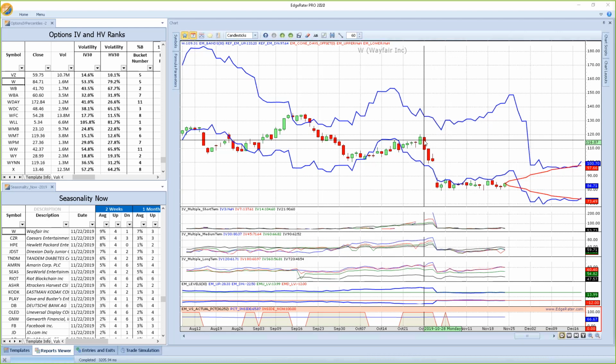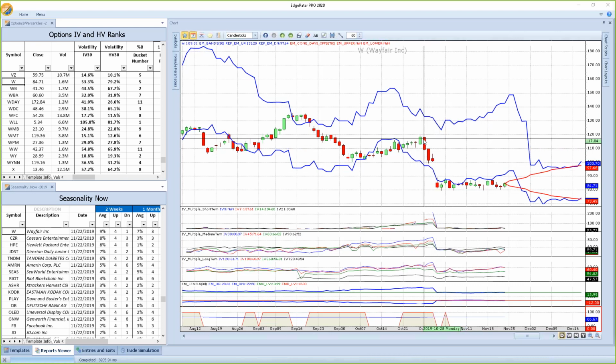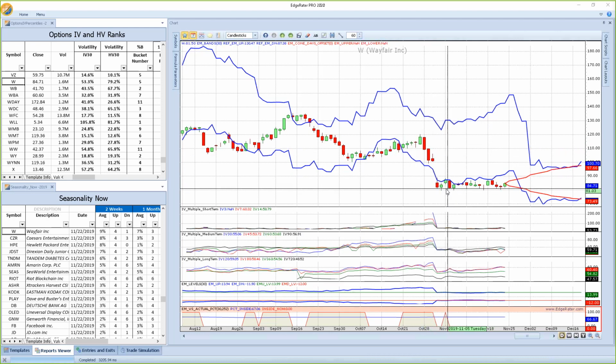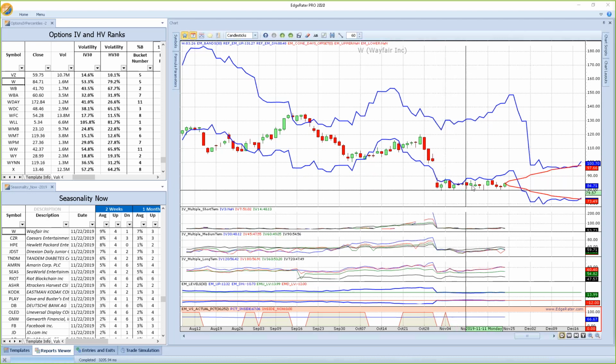If you bought a put, you would definitely be in the money here. But if you bought a straddle right here and sold the straddle down here after it went below the expected move, you would probably make money too.